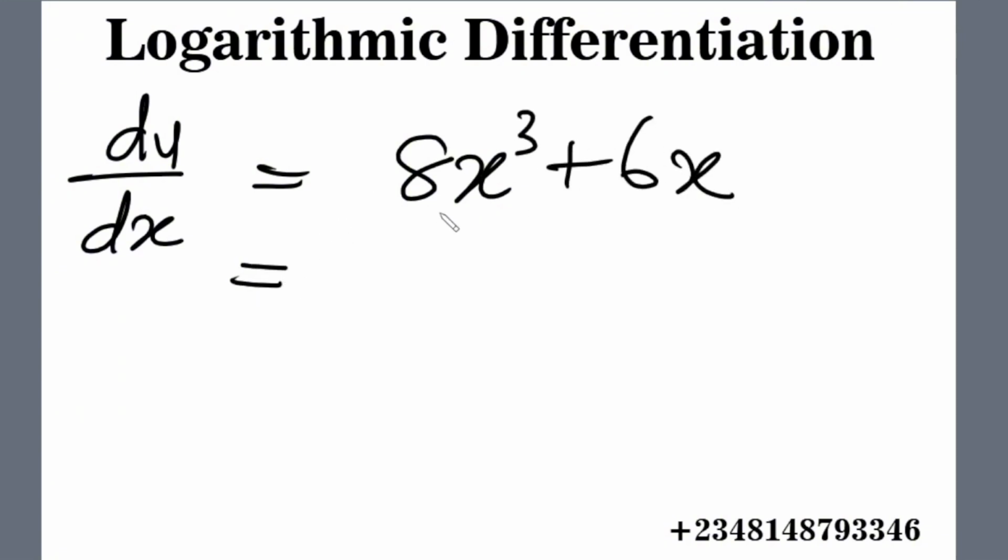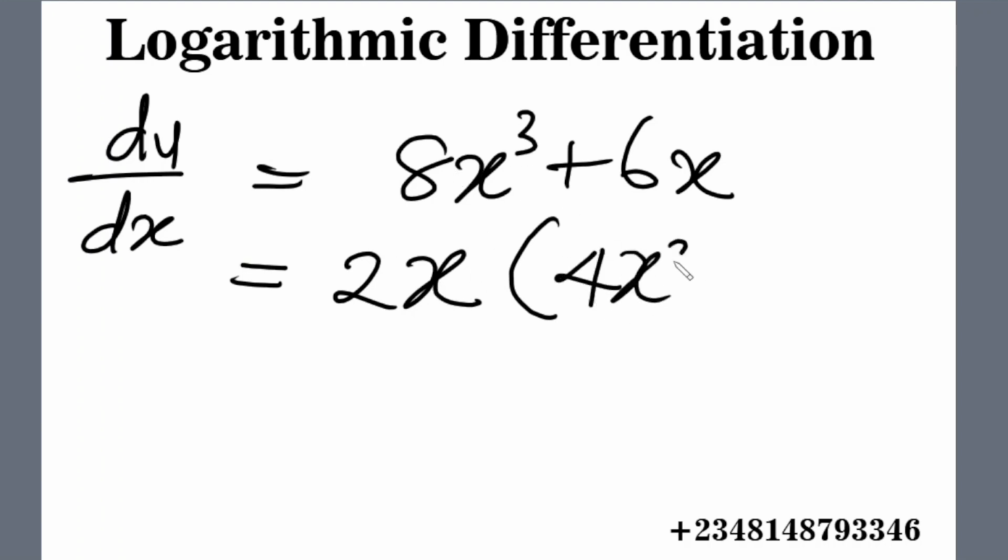We have 2 can divide both values. We have x here and we have x here, so it's common. We have 2x open bracket, 2 into 8, we are left with 4, x into x raised to power 3, we are left with x raised to power 2, plus 2x into 6x, we are left with 3, close bracket.